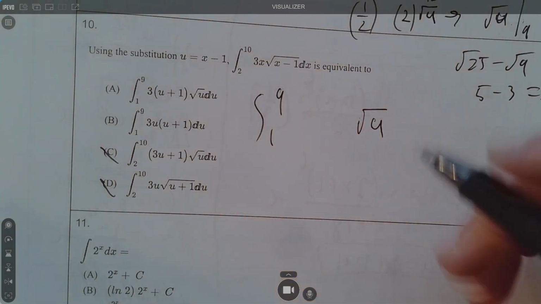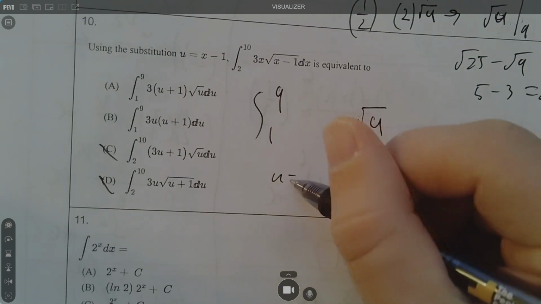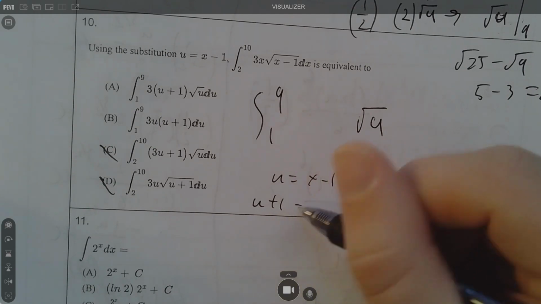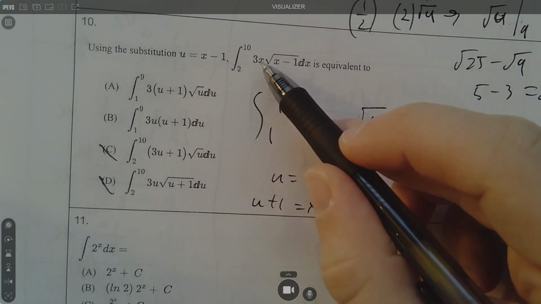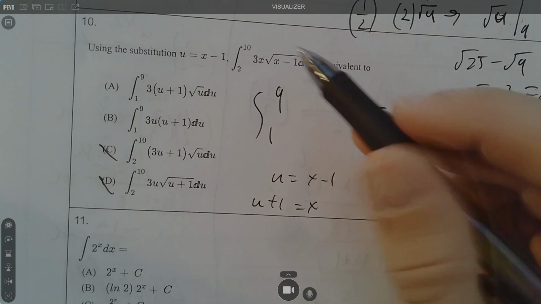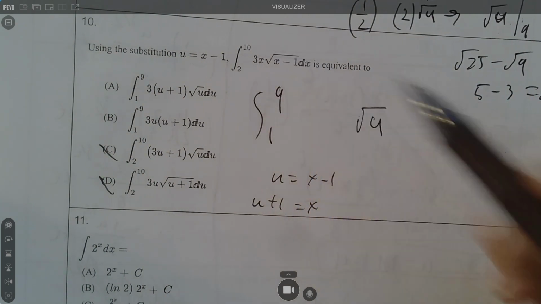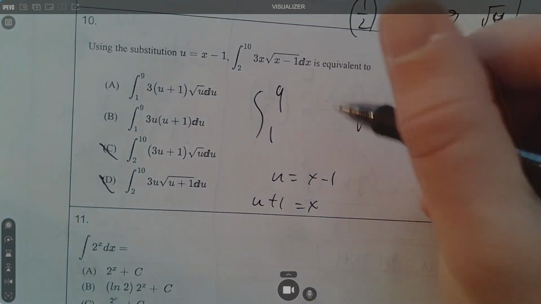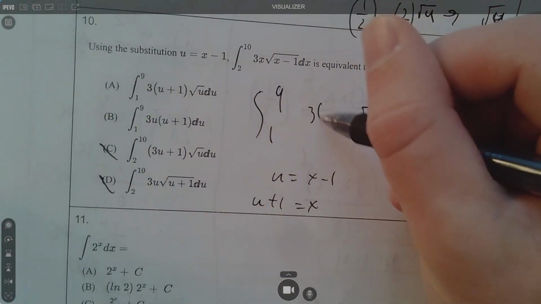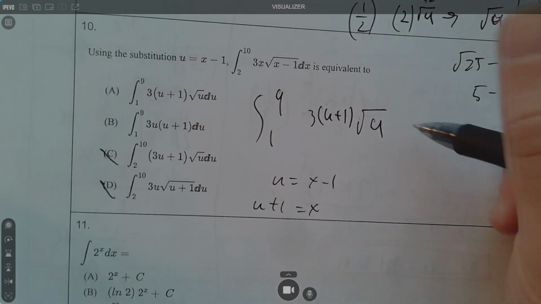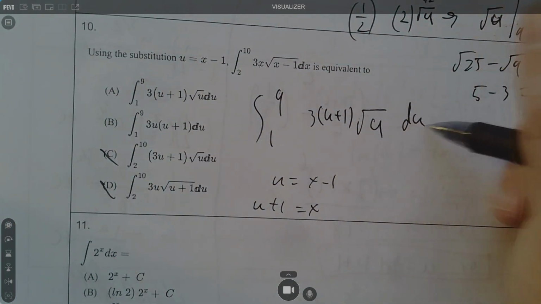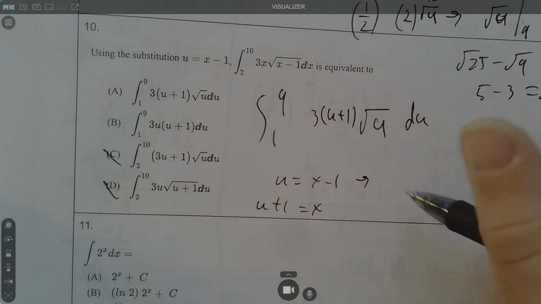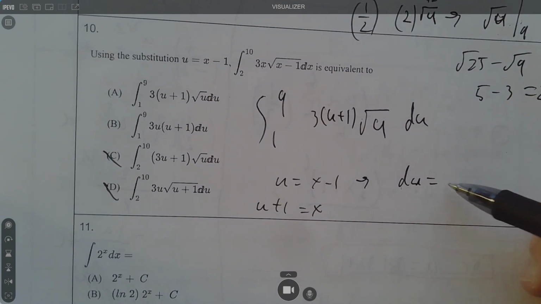If I solve for x here, if u equals x minus 1, then u plus 1 equals x. So right there, instead of putting just a straight u here or things canceling out, I'm going to replace that x with u plus 1. It's going to be 3(u plus 1) root u du, because the derivative of u is just dx.